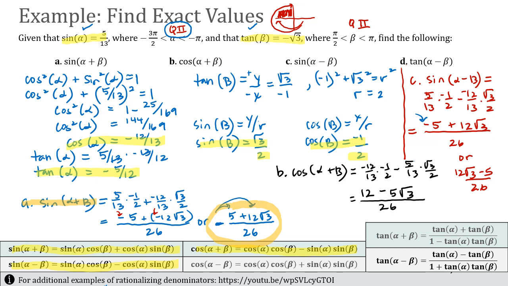For part B, for the cosine, we came up that was equal to, in the numerator, 12 minus 5 root 3 over 26. And for part C, I came up that is equal to, in the numerator, 12 root 3 minus 5 all over 26. Let's go to the next slide and do the tangent.